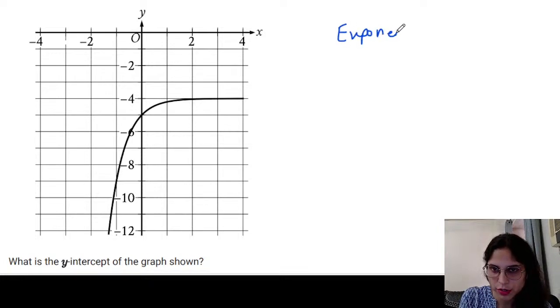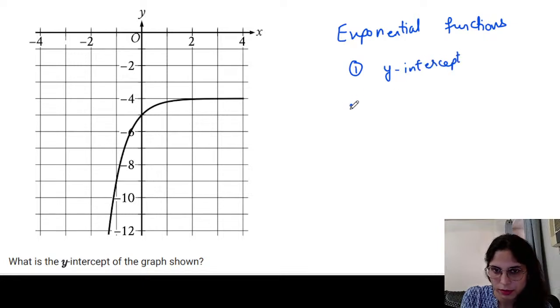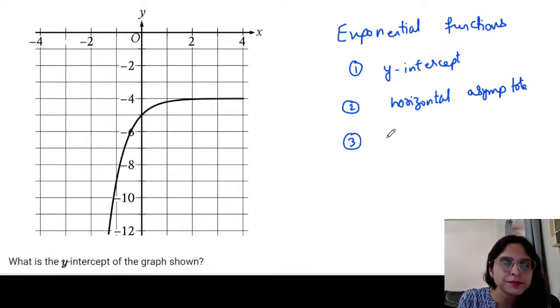For an exponential function, the y-intercept is important. Then there is the horizontal asymptote. And then there is the factor, growth factor, decay factor, whatever we call it, factor.